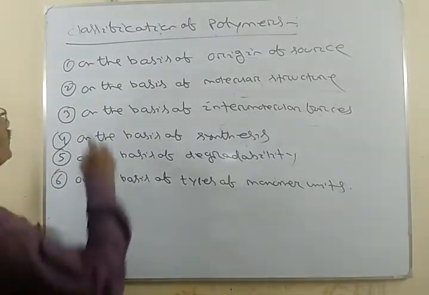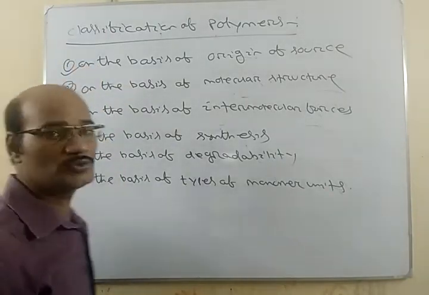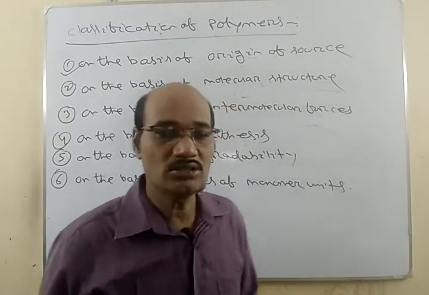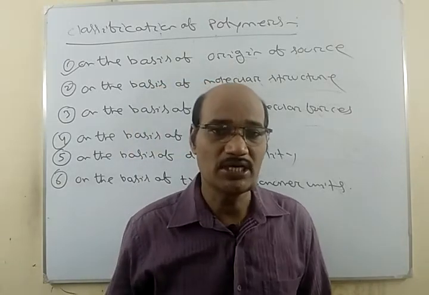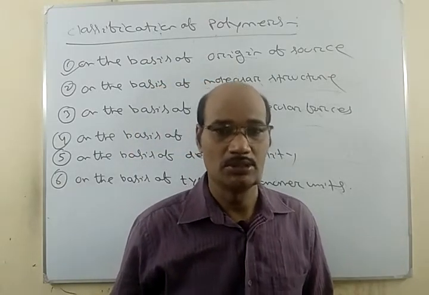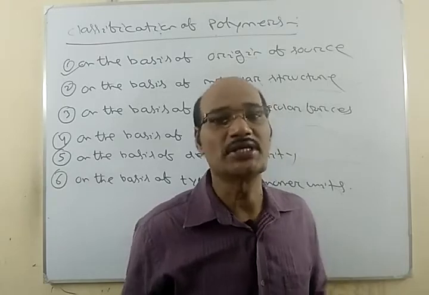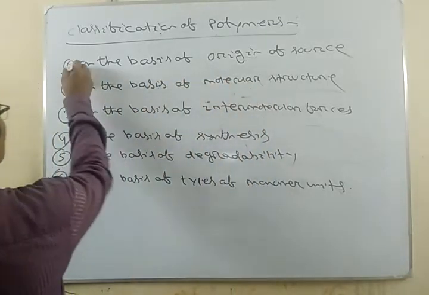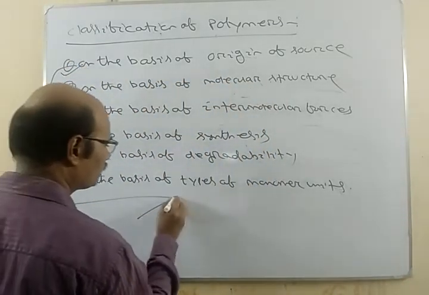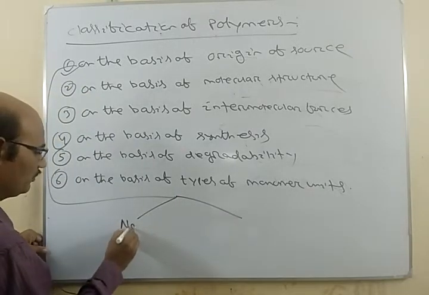First of all, on the basis of origin of source. On the basis of origin, the polymers are of two kinds: natural polymer and synthetic polymer.